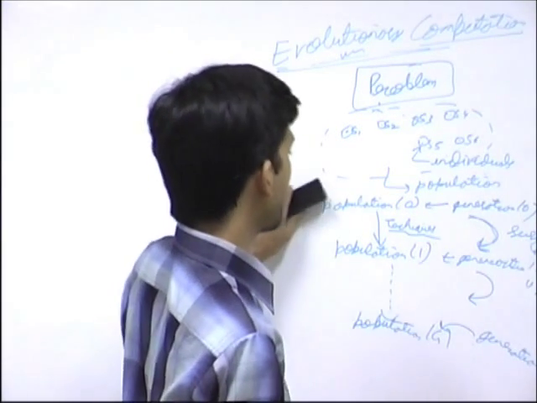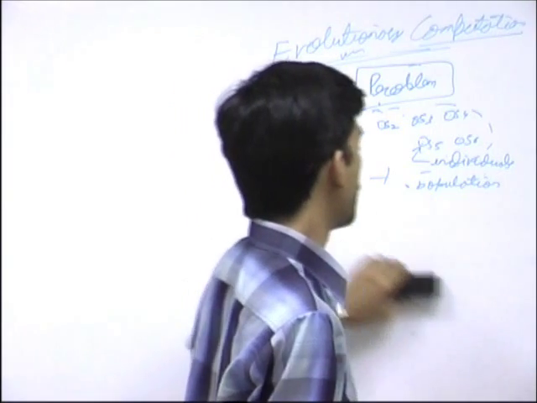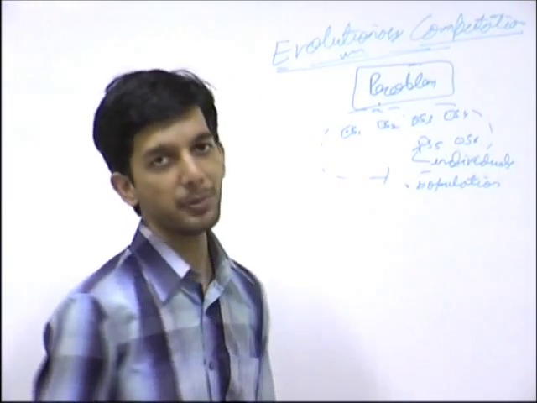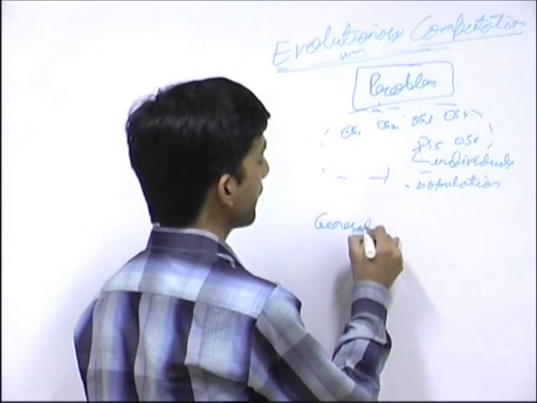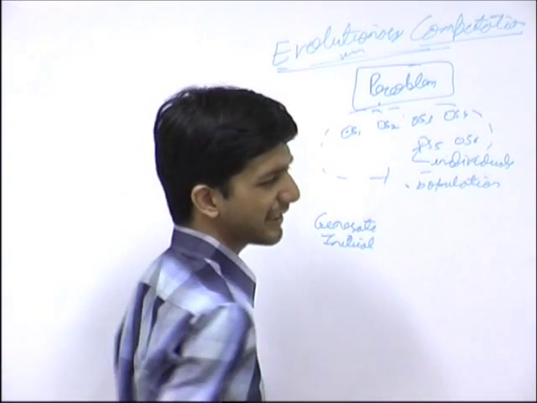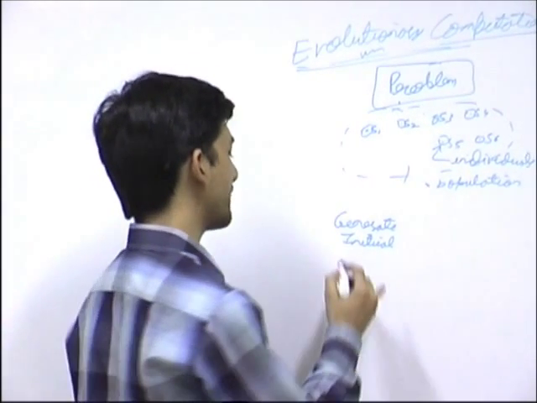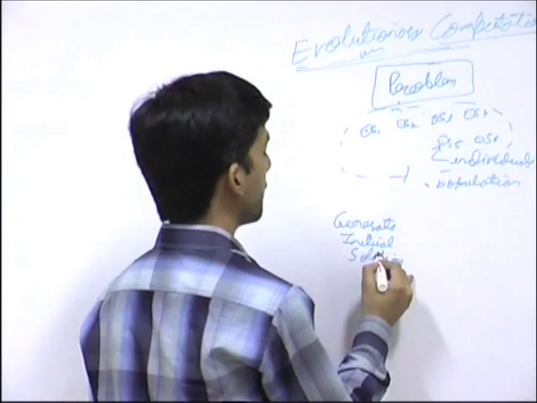So let me draw it from a more algorithmic point of view. What this would say is that I had a problem in hand. I generate some initial solutions, maybe random, maybe based on some heuristic technique, maybe based on some intelligent technique. All of them solve this problem.